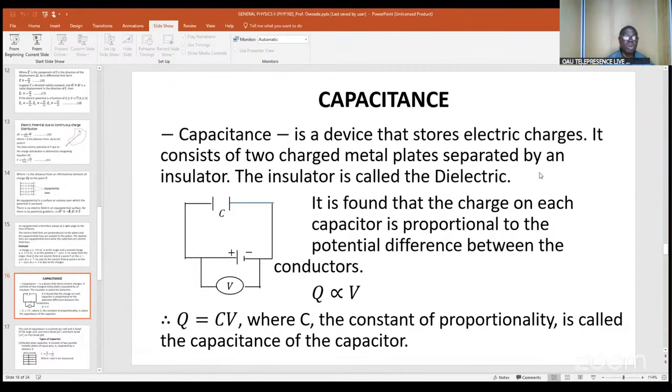So today we want to move on to capacitance. I introduced this capacitance, and I said it's just a device that stores electric charge. You discover that most of your appliances somehow kind of delay when an appliance is not yet fully charged.